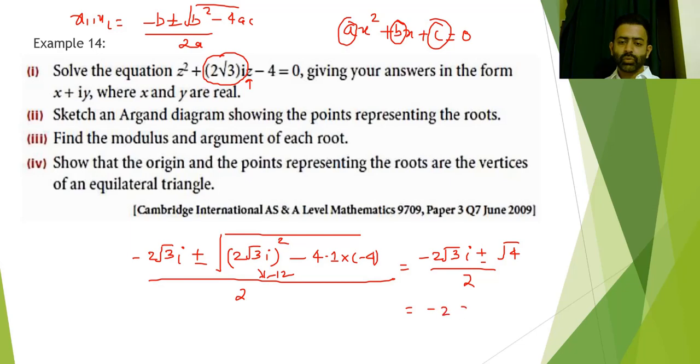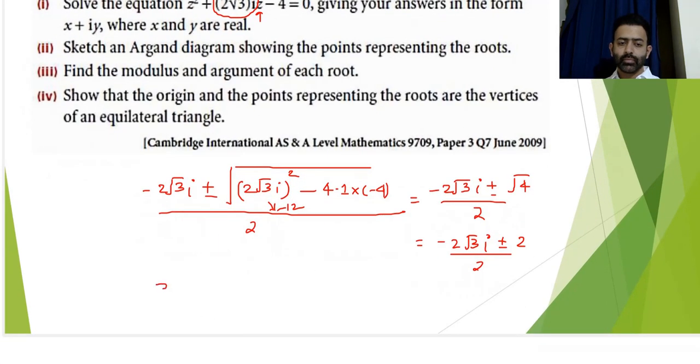So minus 2 root 3 i plus minus this 2, divided by 2. So now the roots are: x1, you can cancel this 2 from numerator and denominator, you will get 1 minus root 3i, and the second root you will get as minus 1 minus root 3i.